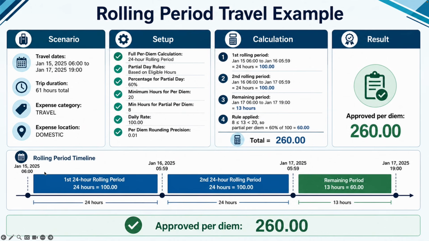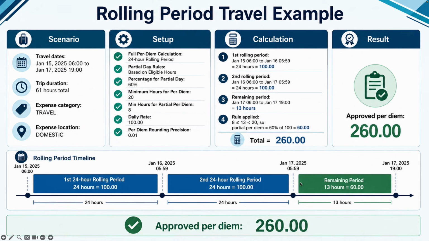Now, what I would like to see is that if I see here, it says that there is a rolling period time. So first 24 hours, it should be $100, which was from 15th to 16th, 5:59. So that becomes 24 hours in total. Now from 16th to 17th, which was again the whole journey for another 24 hours, I should get the $100.